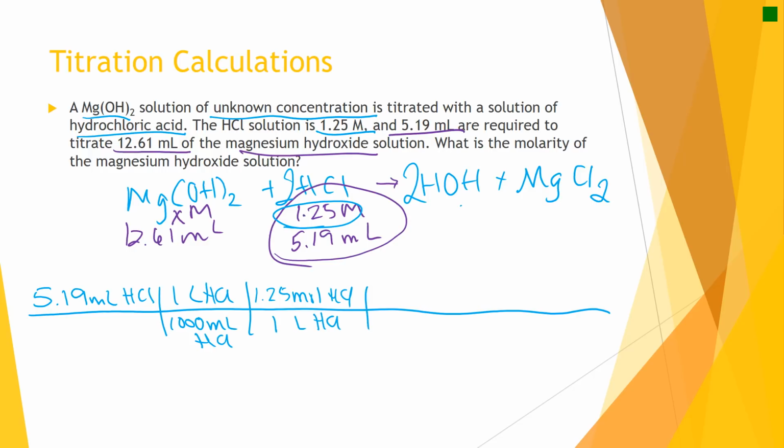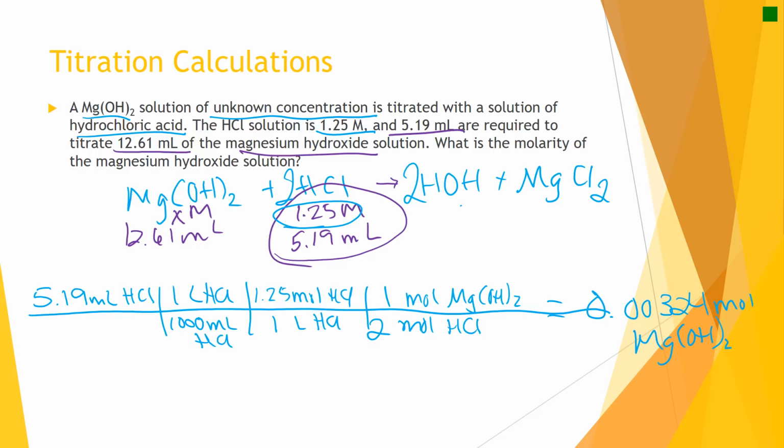And now I'm ready to go from moles of HCl to moles of Mg(OH)2. Using my balanced reaction, I've got a 2 and a 1. So when I solve this, I end up with 0.00324 moles of Mg(OH)2.